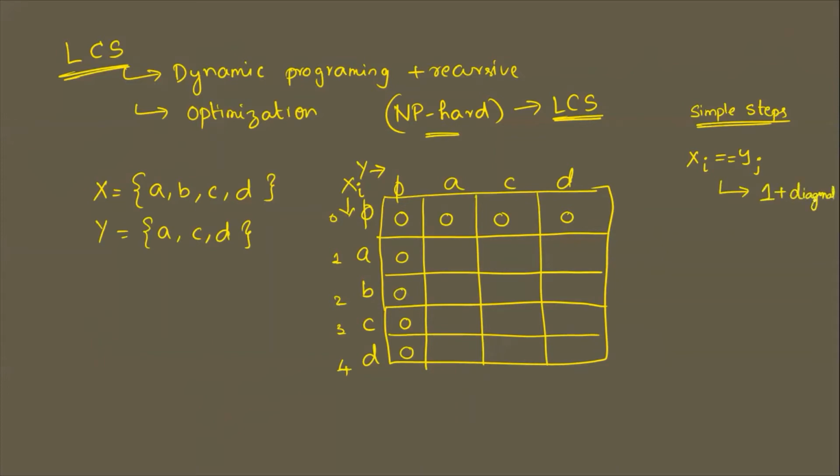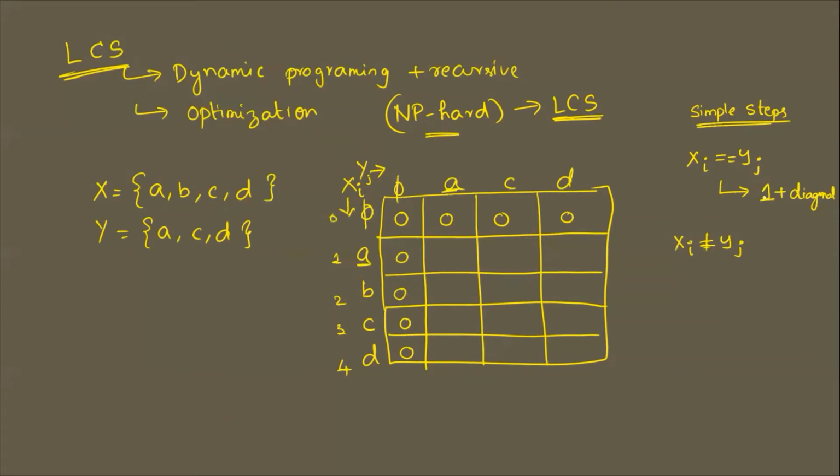Whatever is there in the diagonal cell, you add that value. Suppose both the values are different, y of j. Suppose you can see A and A, if I am considering this A and A.